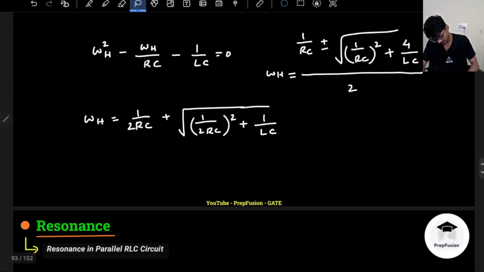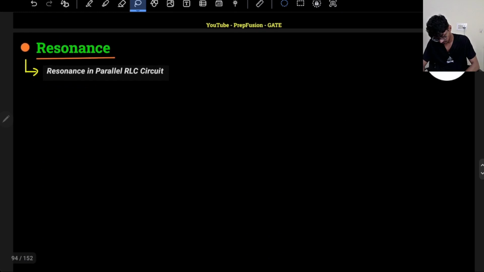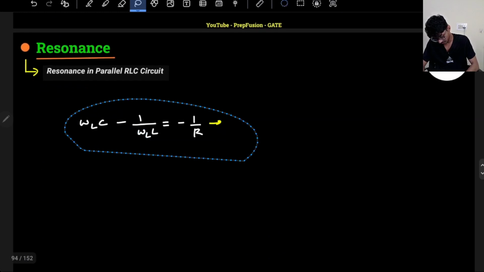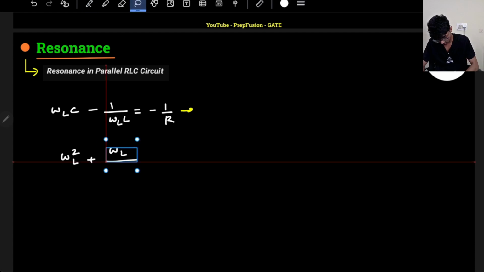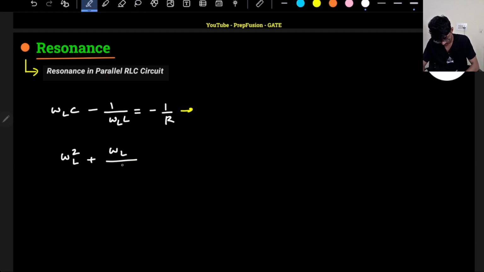So if I have minus 1 by R, the difference will be omega l whole square plus omega l divided by omega n into R divided by L.